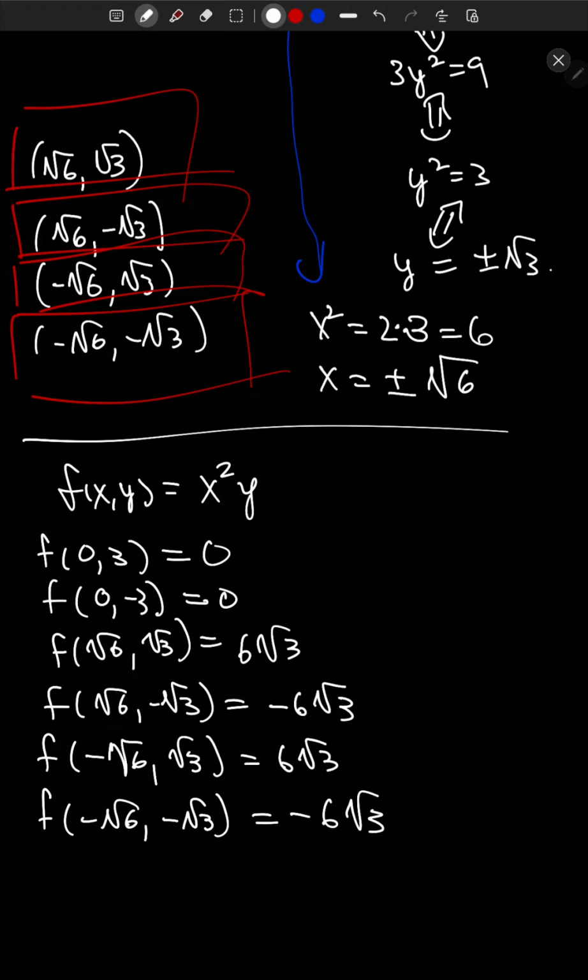Okay. So let's see. The maximum height that our function achieves on the circle of radius 3 about the origin is going to be at root 6 comma root 3, and the height is going to be 6 root 3, and also at minus root 6 comma minus root 3, its height is going to be the same, of course, and then the absolute minimum is going to be here and there.